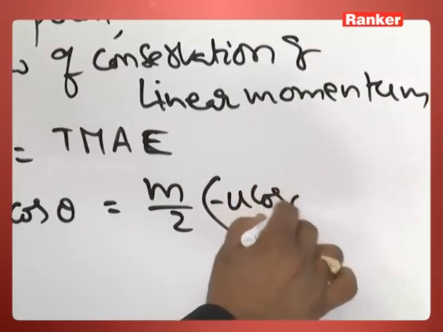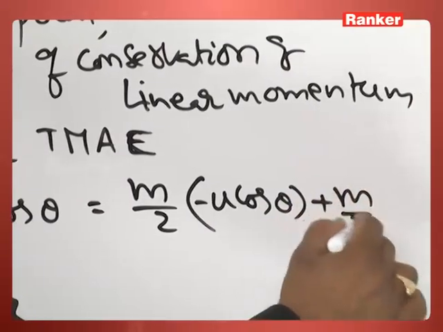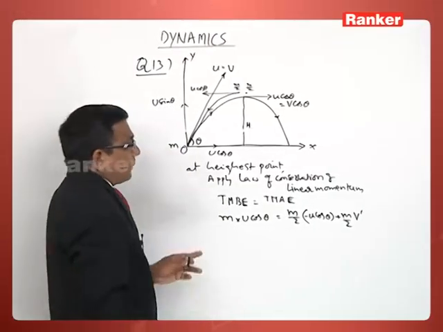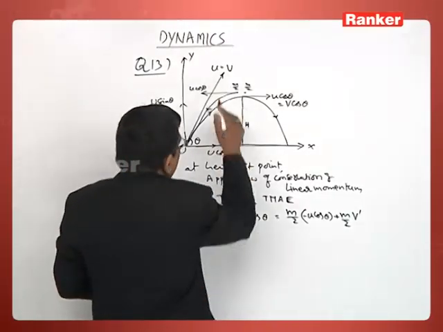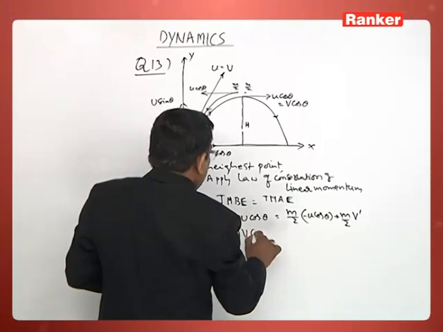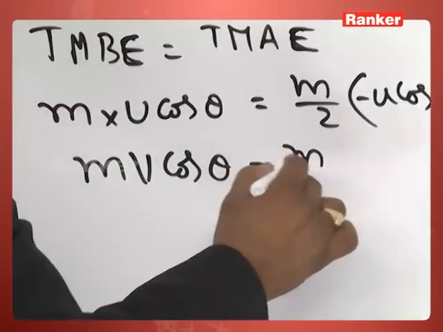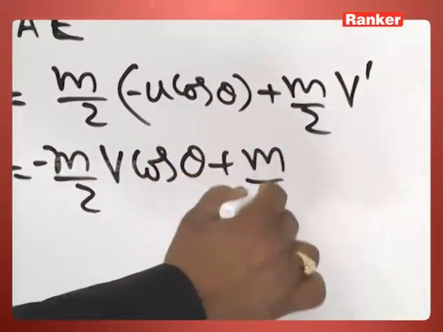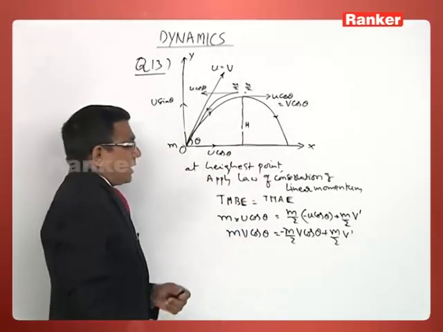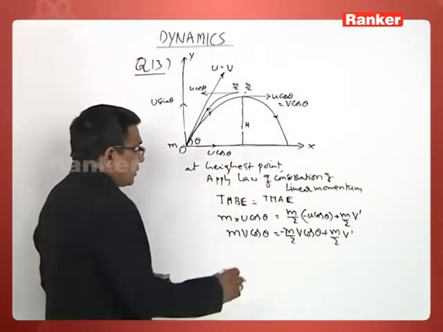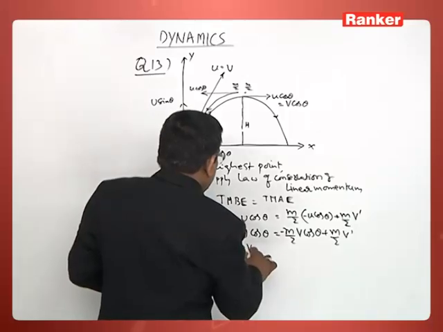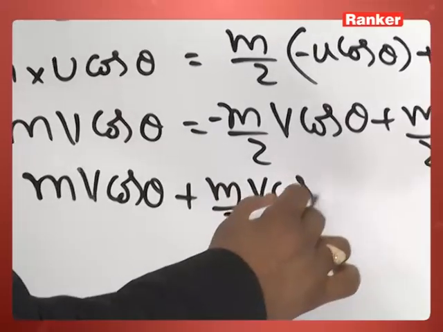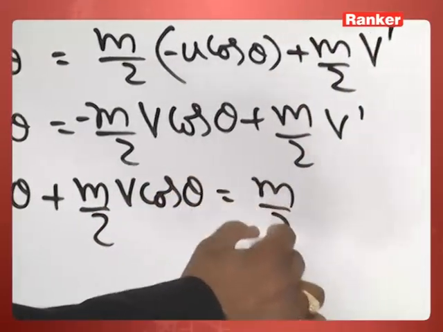So it is minus u cos theta, plus the second piece of mass m by 2, whose velocity we have to find. Say that velocity is v prime, and here u means v. Therefore mv cos theta equals minus m by 2 v cos theta plus m by 2 v prime. Bringing the term to the other side, mv cos theta plus m by 2 v cos theta equals m by 2 v prime.